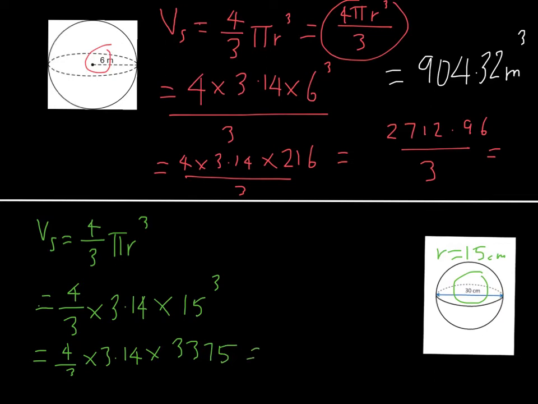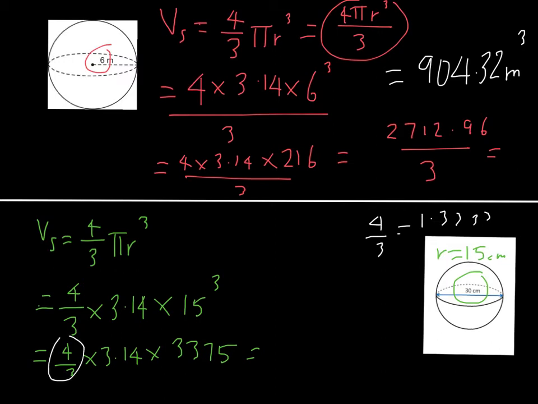You won't be able to see my calculator screen, but to work this out by doing 4/3, I actually press 4 divided by 3. So 4/3 actually gives you, on your calculator screen, 1.3333 recurring. That's 4/3 as a decimal. So I do 4 divided by 3, which is that bit.